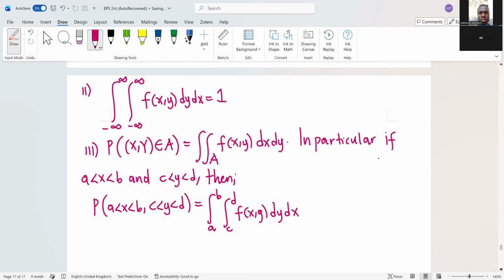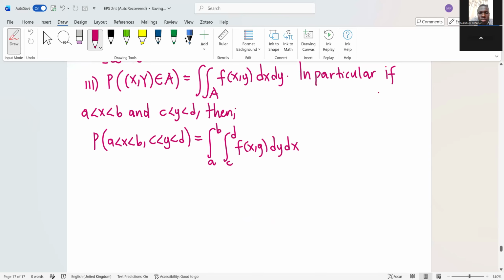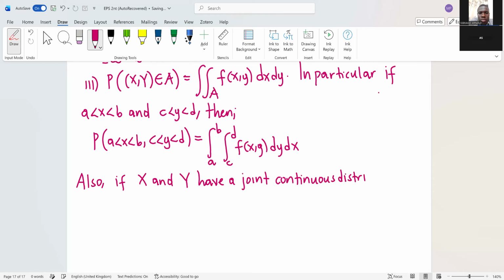Then also, if X and Y have a joint continuous distribution, then the following statements are true.